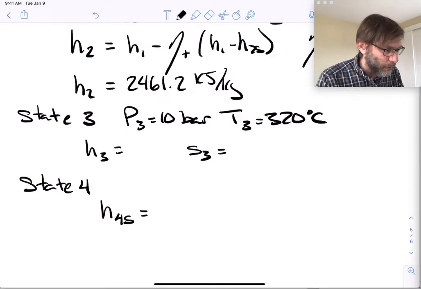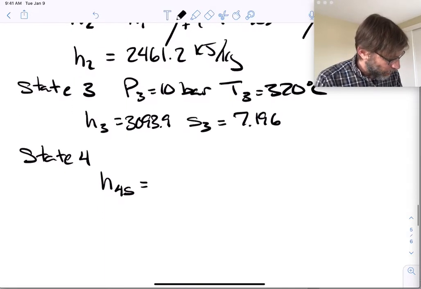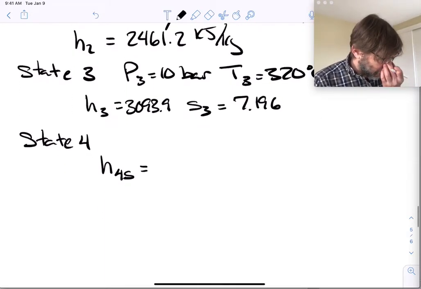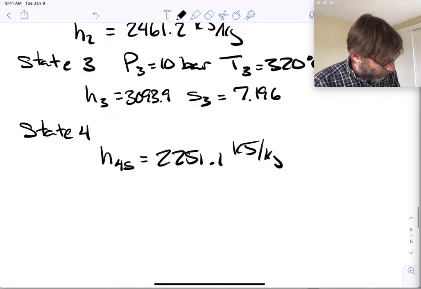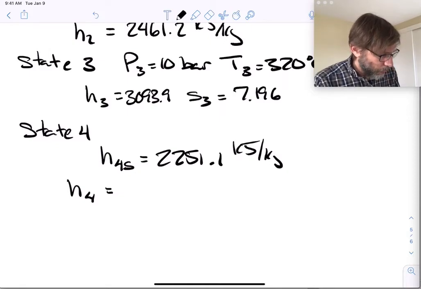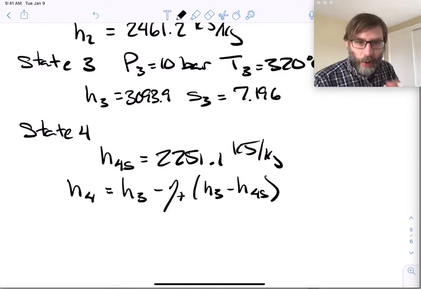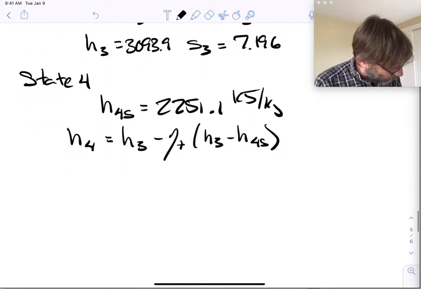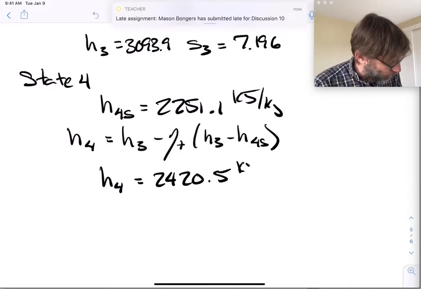H3 was 3093.9, S3 is 7.196, which we don't really need. H4S is 2251.1 kilojoules per kilogram. And then we know that H4 is equal to H3 minus the efficiency of the turbine times H3 minus H4S. Hopefully you got that. So this is what we got. H4 then is equal to 2420.5 kilojoules per kilogram.